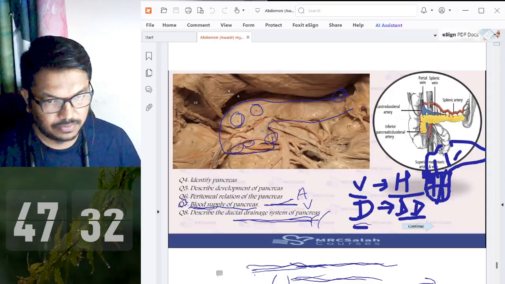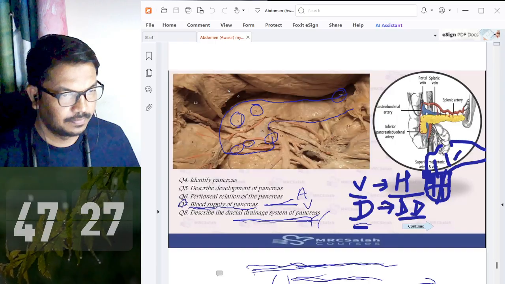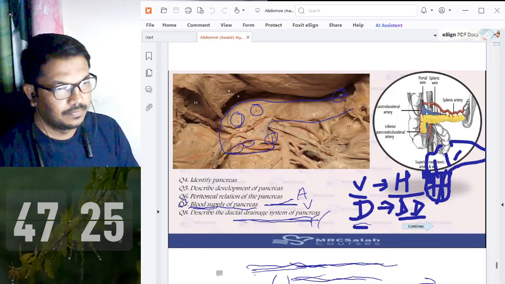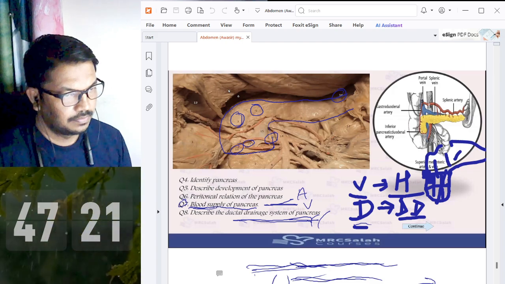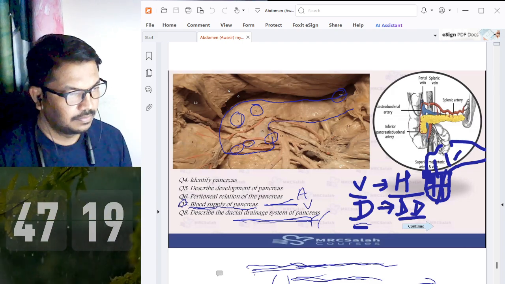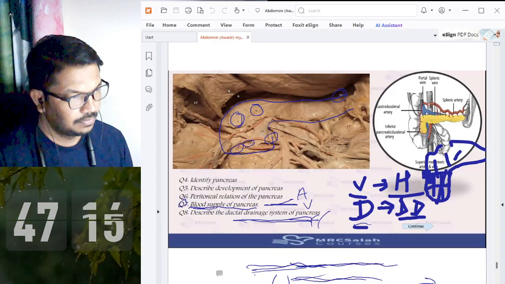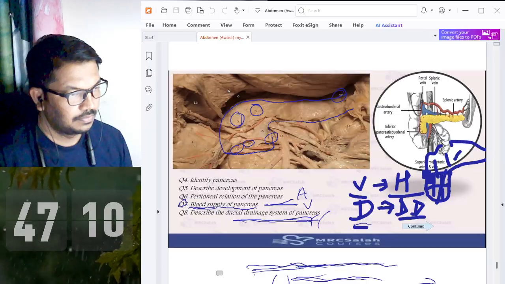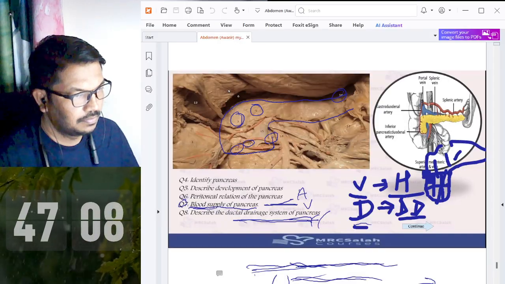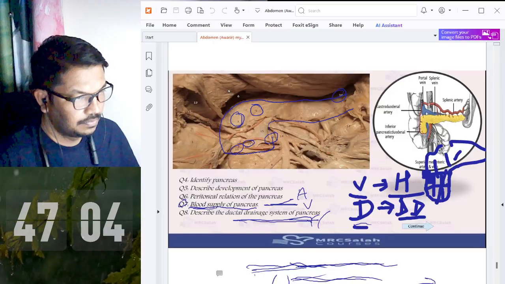The blood supply of the pancreas. Arterial supply is from the superior and inferior pancreaticoduodenal arteries and the splenic artery. Pancreatic branches from the splenic artery. Superior pancreaticoduodenal artery is from the gastroduodenal artery, and inferior pancreaticoduodenal artery from where?